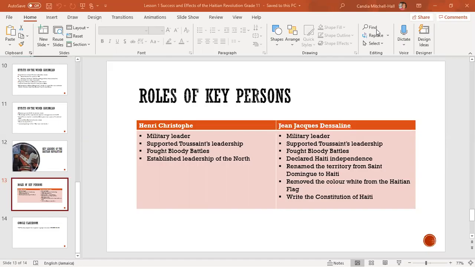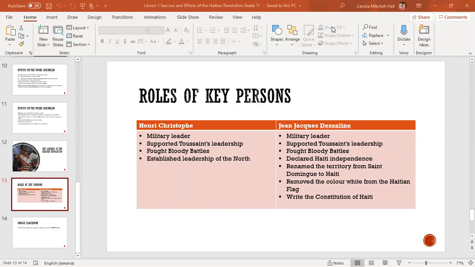So he renamed the territory from Saint-Domingue to Haiti. The other thing that he did was with the Haitian flag that used to fly over Haiti. He removed the color white from the flag, and that's why the Haitian flag today is blue and red.